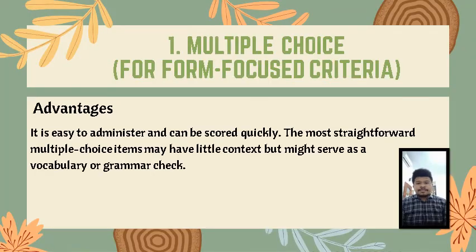The first type in designing assessment for selective reading is multiple choice for form-focused criteria. The advantages of this test are, first, it is easy to administer and can be scored quickly. The most straightforward multiple choice items may have little context but might serve as a vocabulary or grammar check.